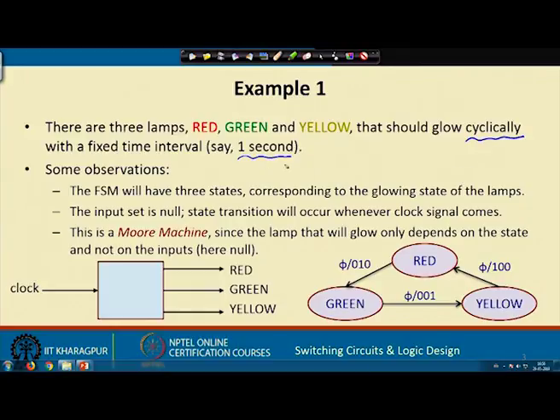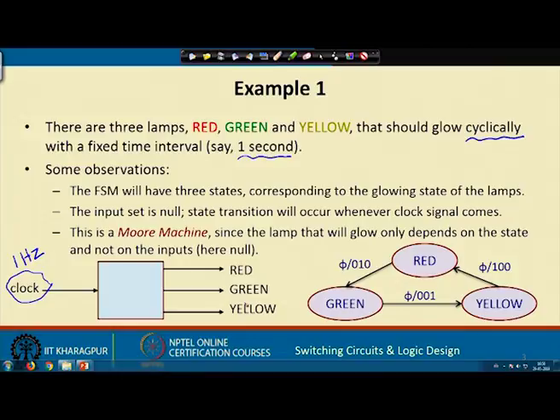We are not really bothered about this time interval, because we will assume that there is a clock. If I need a 1 second period, then I will apply a 1 hertz clock. So, changes will happen every 1 second. There are no other inputs in this circuit and the outputs are red, green and yellow.